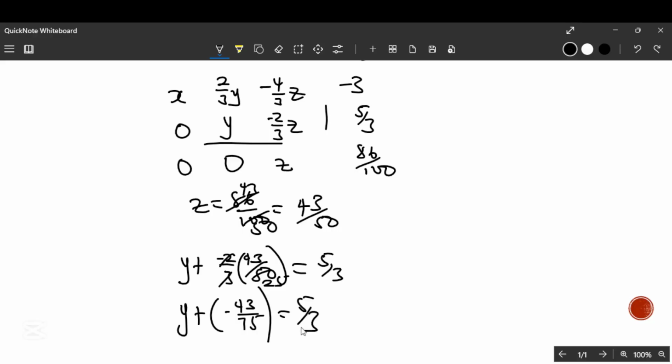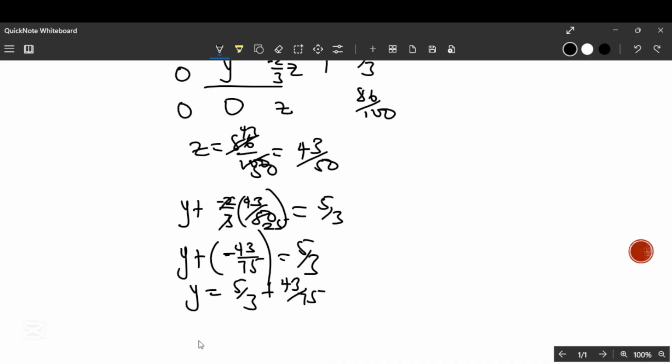Now let's subtract. We want to find the value of y. So 5 on 3 plus 43 on 75, and this one gives us 336 on 150.